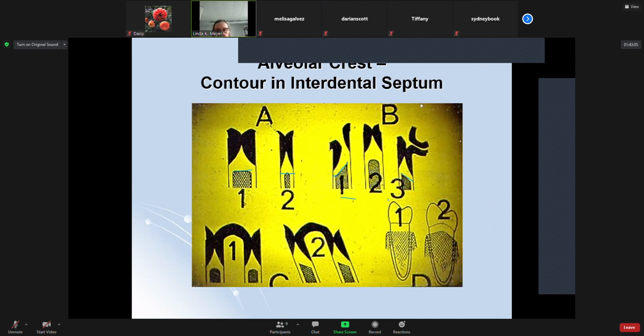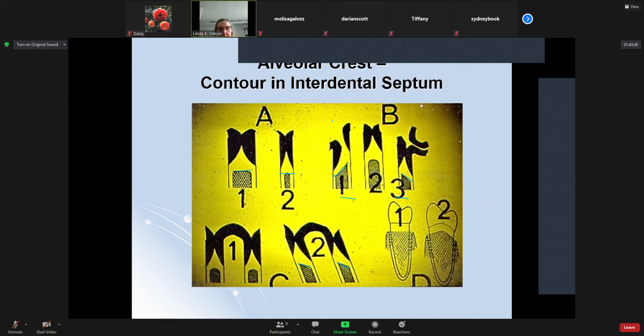So in B1 and B3, I'm outlining the crest. And then in C2, I'm outlining the crest. In all these pictures, the crest is 1 to 2 millimeters apical to the CEJ. But I want you to see how the contour can vary depending upon the position of the teeth or the alignment of the teeth.